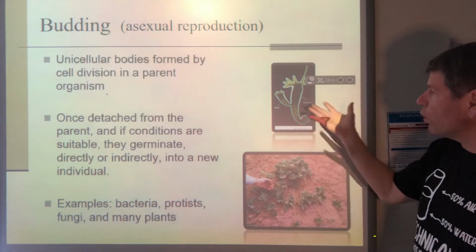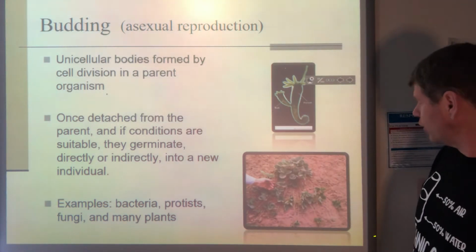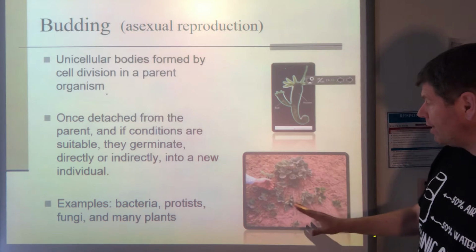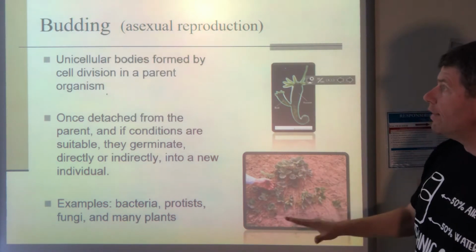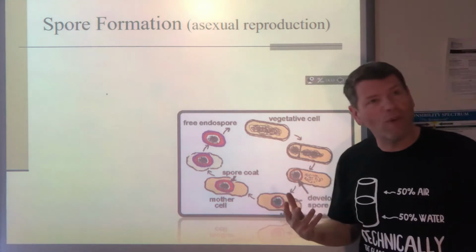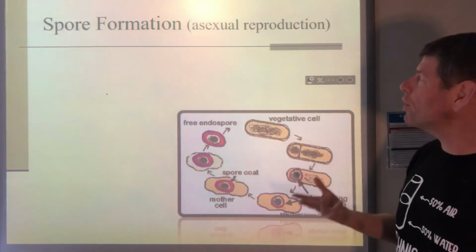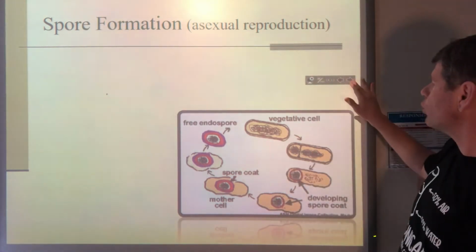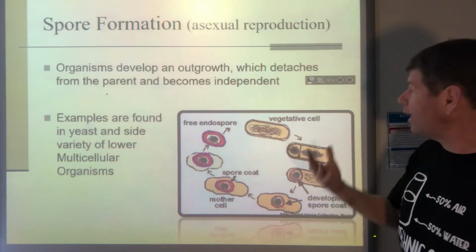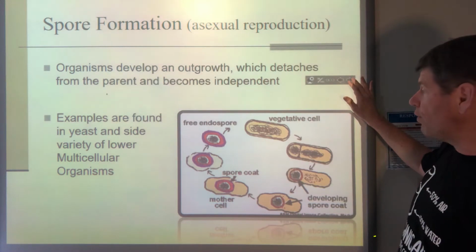In the case of an organism called a hydra, that's a good example. Or even strawberry plants, in a sense, grow runners, and that's a form of budding. Or spore formation, in the case of molds, for example, is another form of asexual reproduction, where those spores can tend to be a genetic replica of the parent.